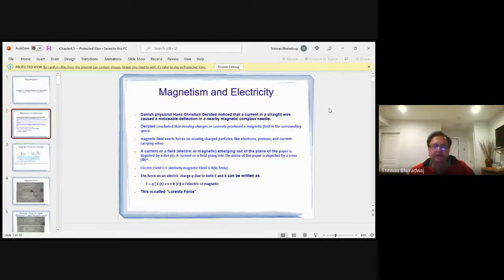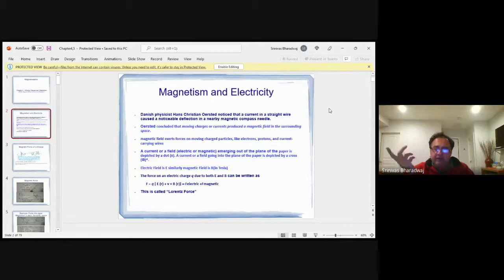So you have a current. Now, what does that mean? That means that if you have a moving charge, or a current, what are moving charges?